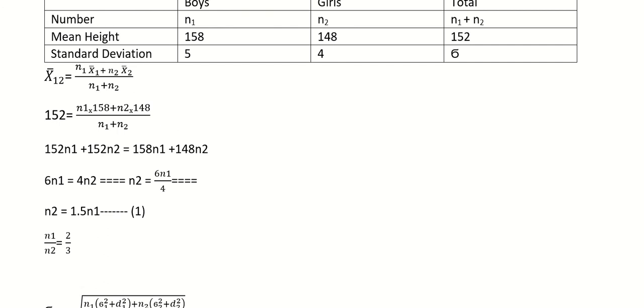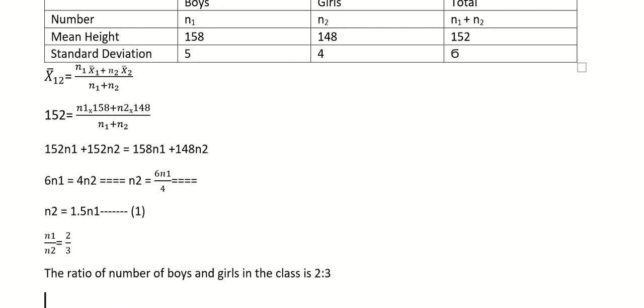So the ratio of number of boys and girls in the class is 2:3.